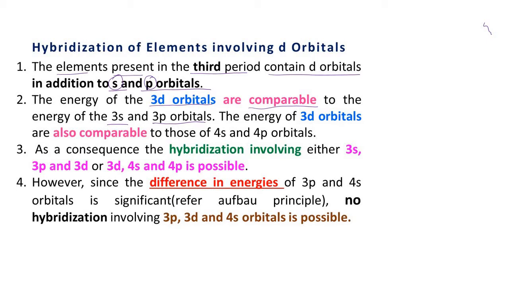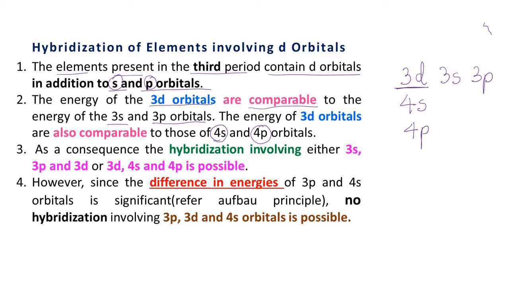Keep in mind that the energy of 3d orbitals is comparable with that of 3s and 3p orbitals, and at the same time the energy of 3d orbitals is also comparable with that of 4s and 4p orbitals.